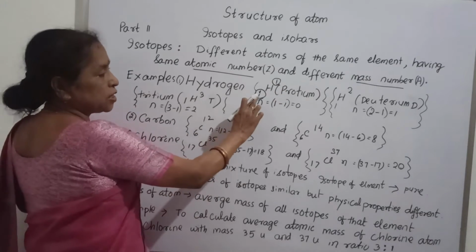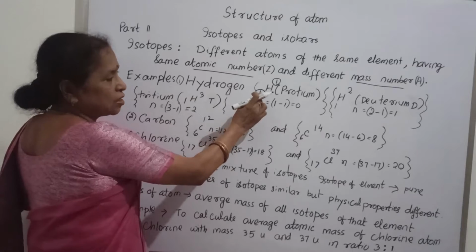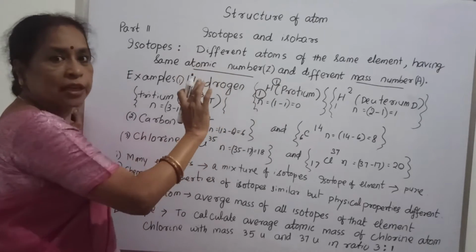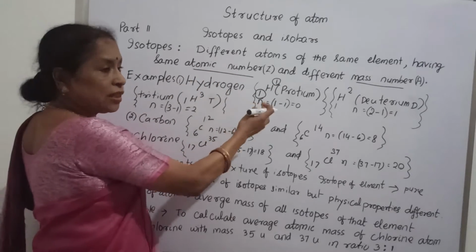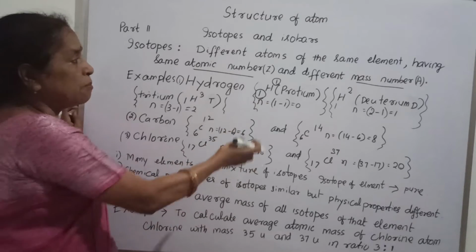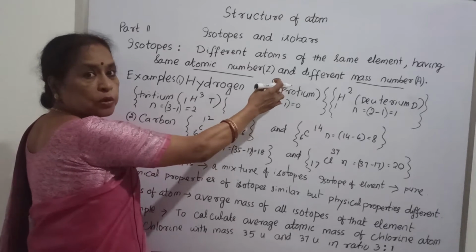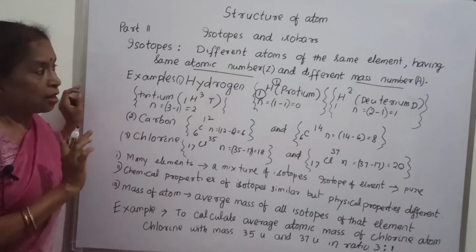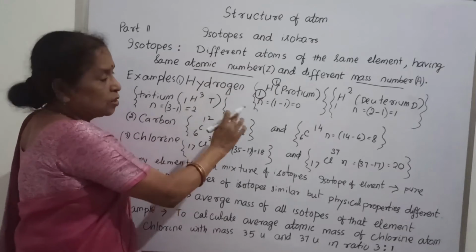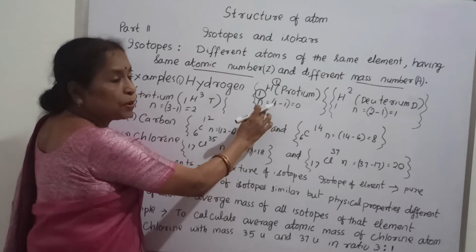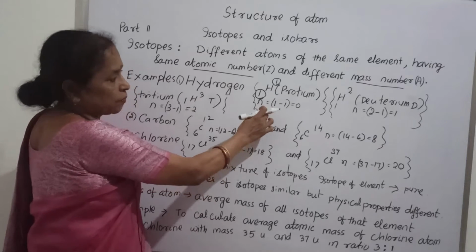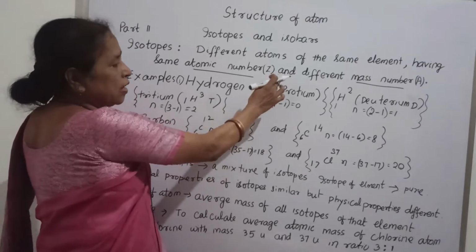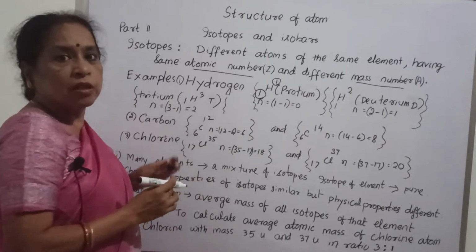That means the mass number is 1 and the atomic number is 1. So what is the number of neutrons? Mass number is the number of protons plus the number of neutrons, and atomic number is only the number of protons. N means neutron. The number of neutrons is 1 minus 1, which equals 0.